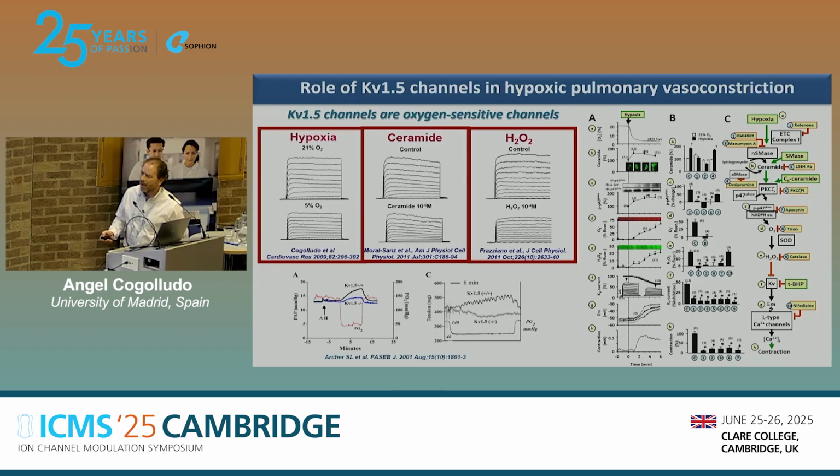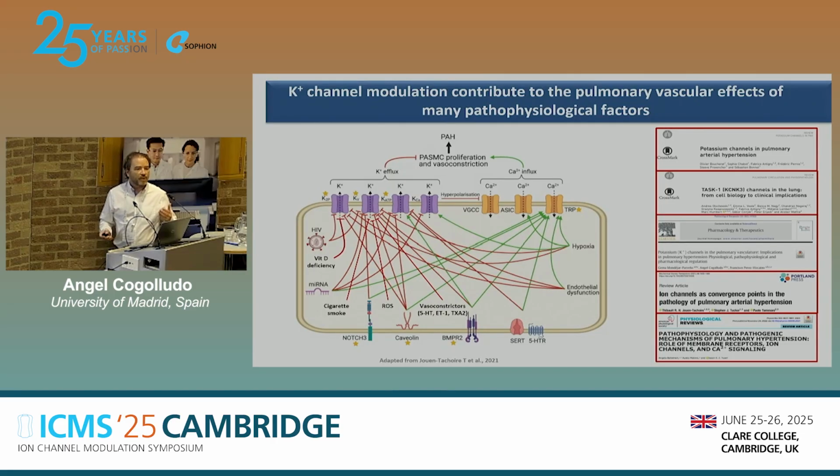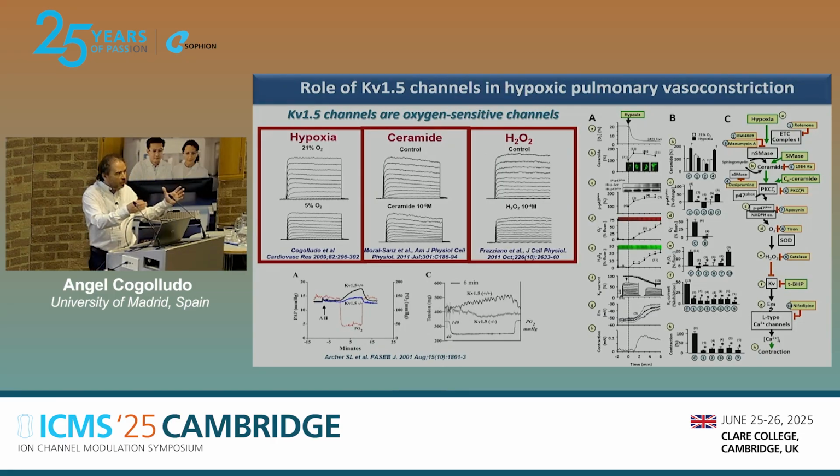And here you can see how this hypoxic pulmonary vasoconstriction is impaired in animals lacking Kv1.5 channel. So in summary here, I've gone through the physiological role of Kv1.5 channels in the pulmonary vasculature, but what about the role in the pathophysiology of the pulmonary vasculature in pulmonary vascular diseases?